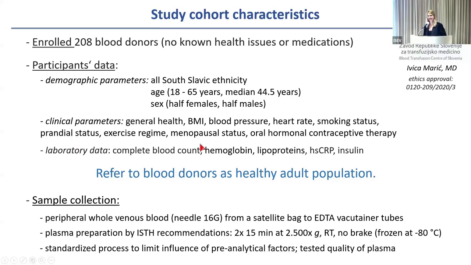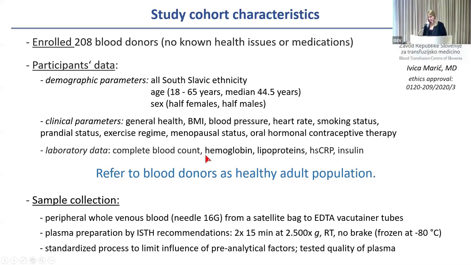I'm not going to read all of this, but you see that we've tried to take a lot of information, and also laboratory data. We performed complete blood counts, hemoglobin levels, lipoproteins, then CRP levels, and insulin levels.